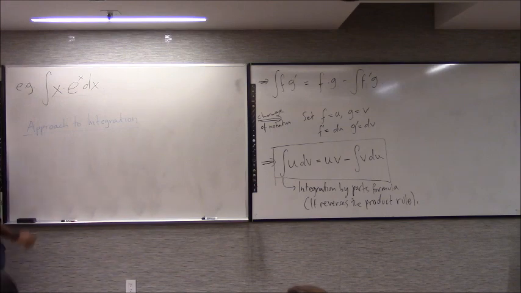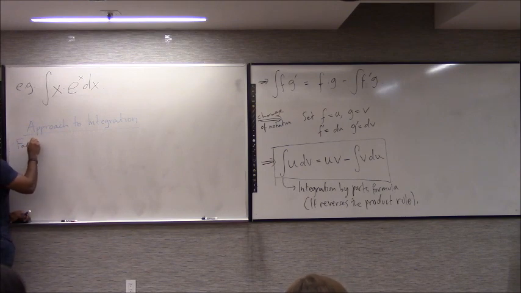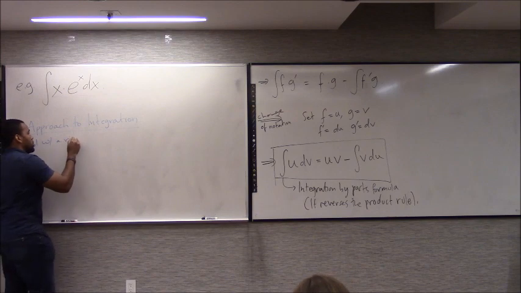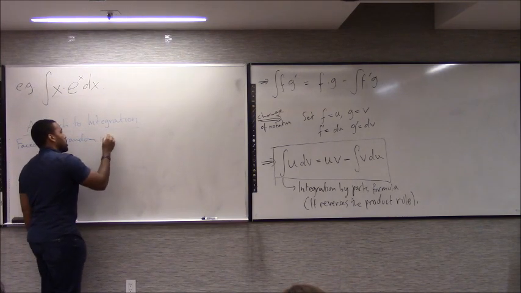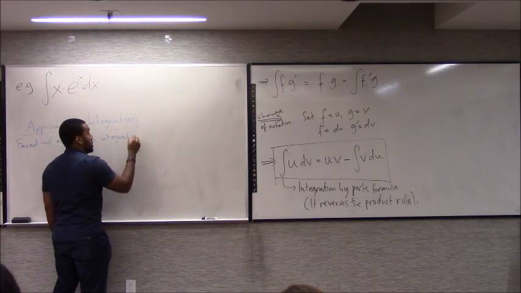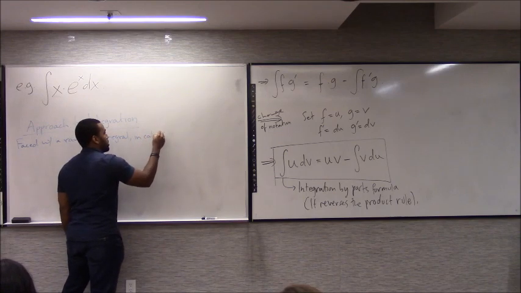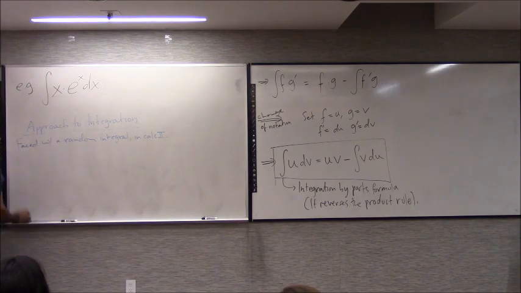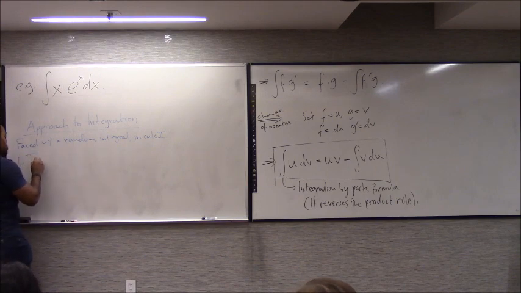So, one, faced with a random integral, at least in Calc 2, I mean, it can get a lot crazier, the first thing you're going to do is you're going to try to apply a basic rule.